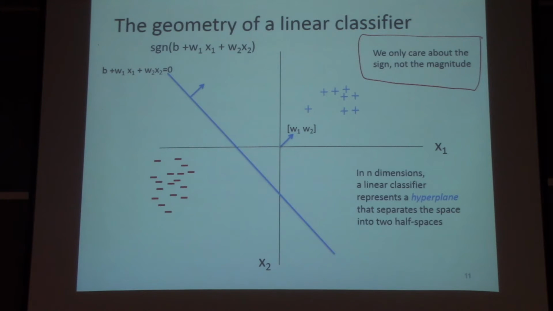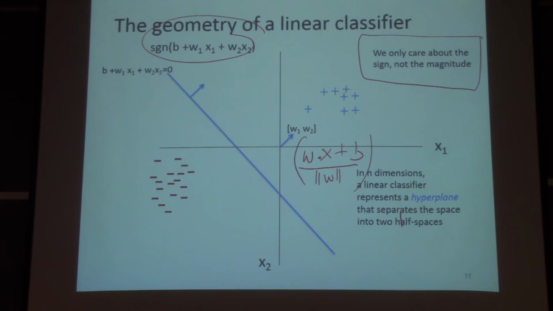Let's work out this math. You have W dot X, or W transpose X, they all mean the same thing, plus bias. A normalization would just divide this by something which is a positive number. The sign of the whole thing is the same as the sign of this thing, because you're dividing by a positive number.